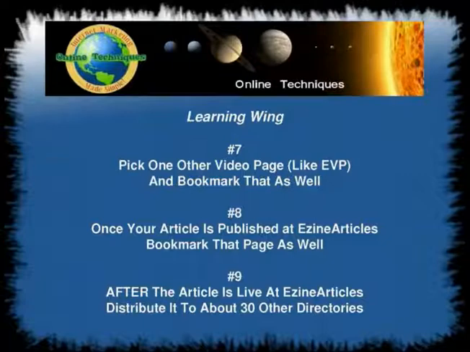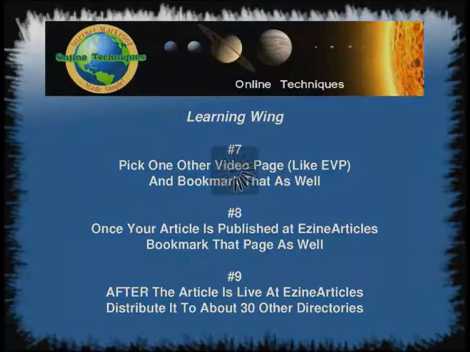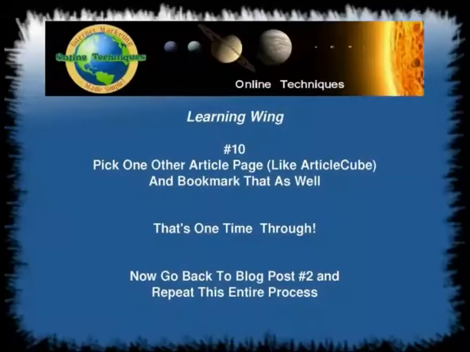The words on the slide are a little old. I'd stay away from the 30 these days. It used to be you could push it that far, but I'd go to maybe 10, and you'll be okay. Then, pick one other article page, like maybe Article Cube, one of the highly ranked ones like iSnare, and bookmark that one as well. So just the article is getting 80 bookmarks.